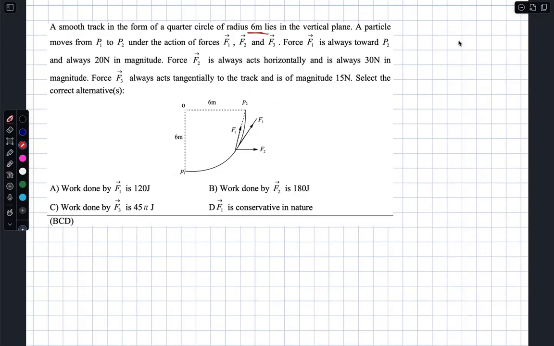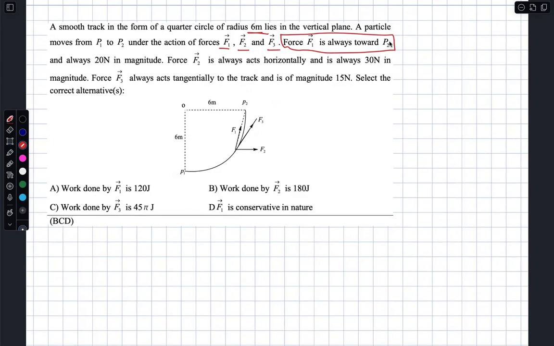A particle moves from P1 to P2 under the action of three forces. Force F1 bar is always towards P2. I have done this question in my very first class itself. Always towards P2 and always 20 newtons in magnitude.